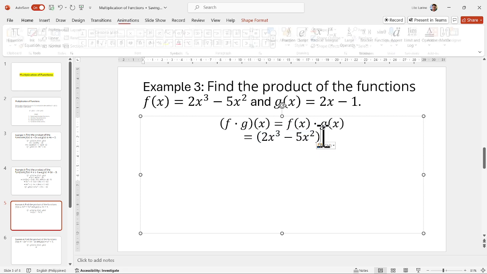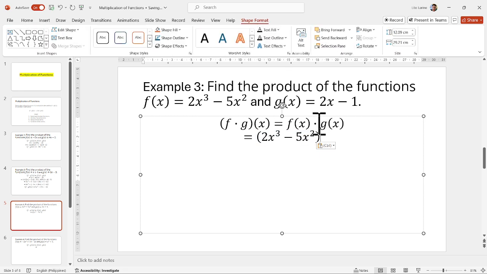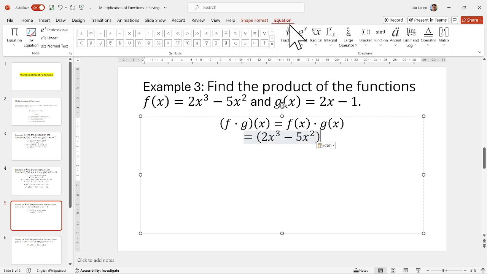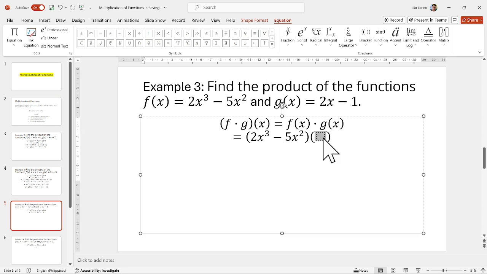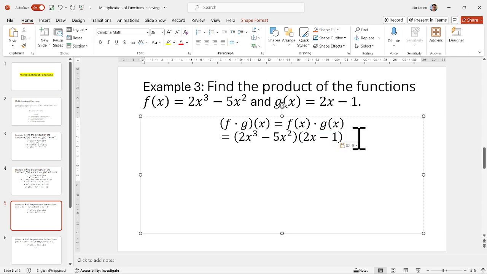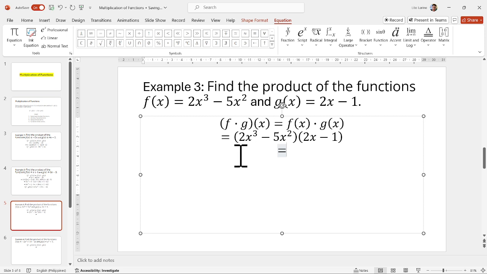And then the expression for g of x is 2x minus 1. Okay. And again, each term of the f of x expression will be multiplied to each term of the g of x expression.